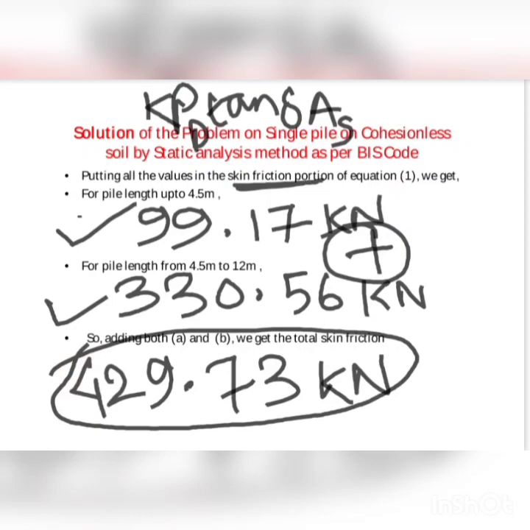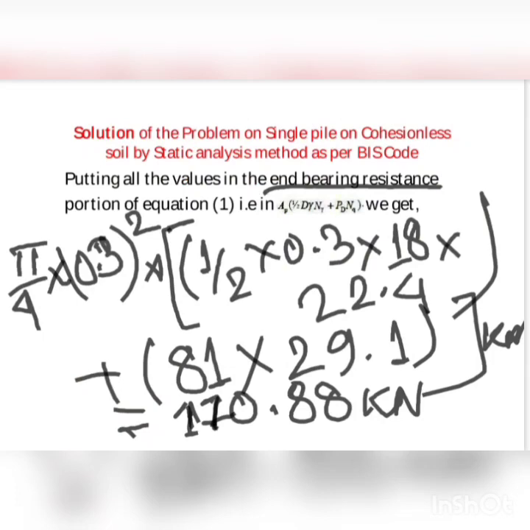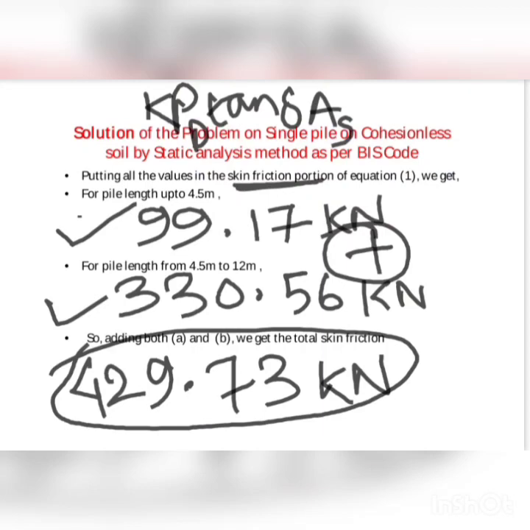Then this value is to be added with the end bearing portion value to get the ultimate load capacity of the pile. So in the end bearing resistance portion, we have got 170.88 kilonewton, and in the skin friction resistance portion, we are getting 429.73 kilonewton.